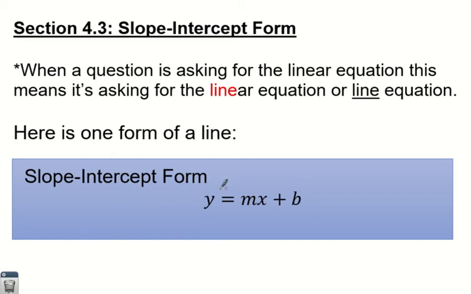This is one way we can write a linear equation, in this form, in this order. It's not the only way, but if you see an equation like y equals 7x minus 1, or y equals negative 1/2 x plus 4, any equation where the y variable is all by itself, and then comes the equal sign, and then some number, and then the x variable, and then another term at the end.